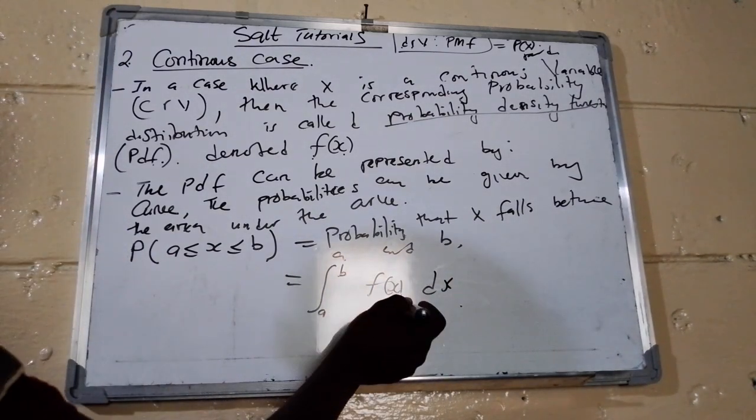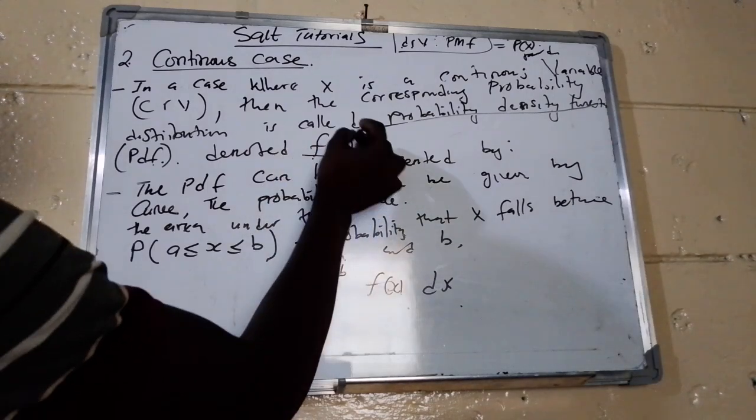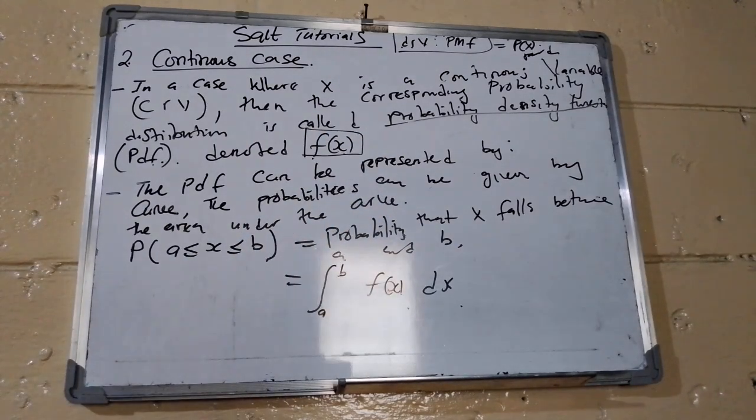Remember, what is f(x)? f(x) is basically the probability density function. So if you want to find the probability of any given interval for x, you are just integrating the function which is the PDF at those limits A to B. Are we okay?